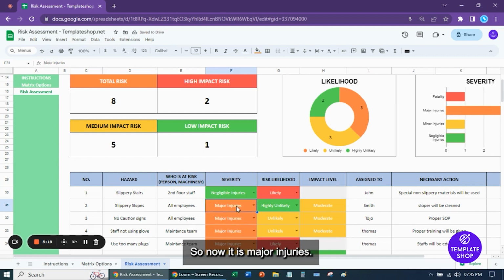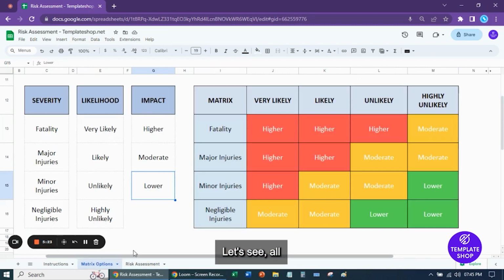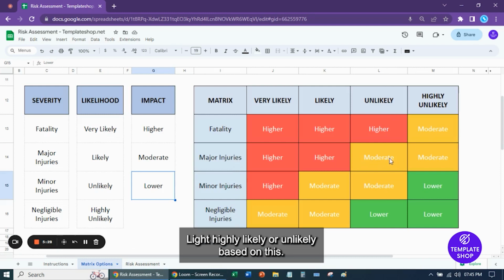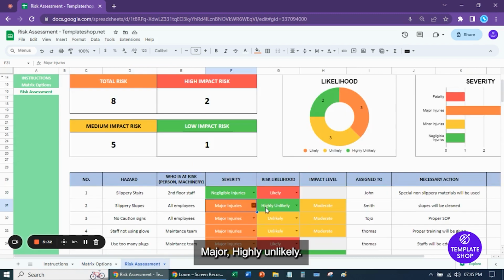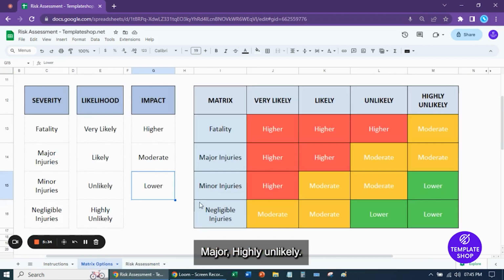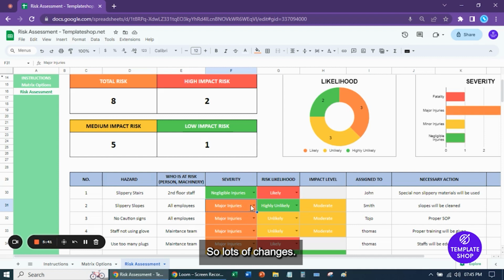So now it is major injuries, highly unlikely. Let's see over here. Major injuries, highly likely or unlikely based on this. Major, highly unlikely. Moderate. So this also changes.